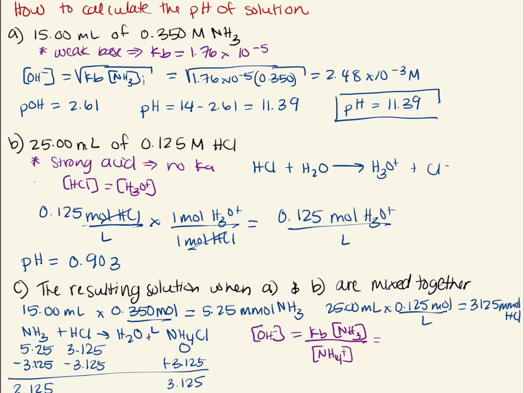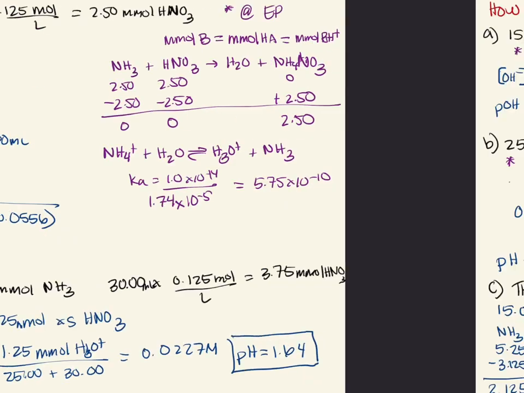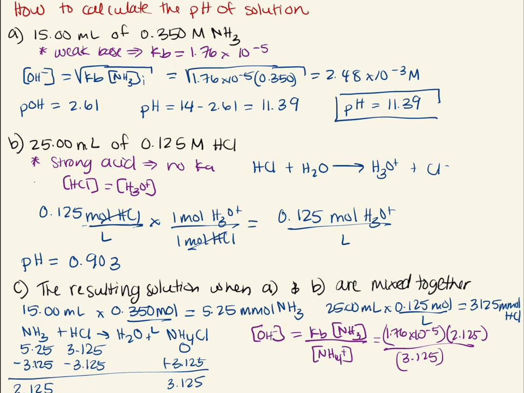So when I plug my values in, we get 1.76 times 10 to the negative 5 times 2.125 divided by 3.125. Remember, I can use millimoles here because I have millimoles on the top and the bottom. If that wasn't the case, then I would have to divide by the total volume.